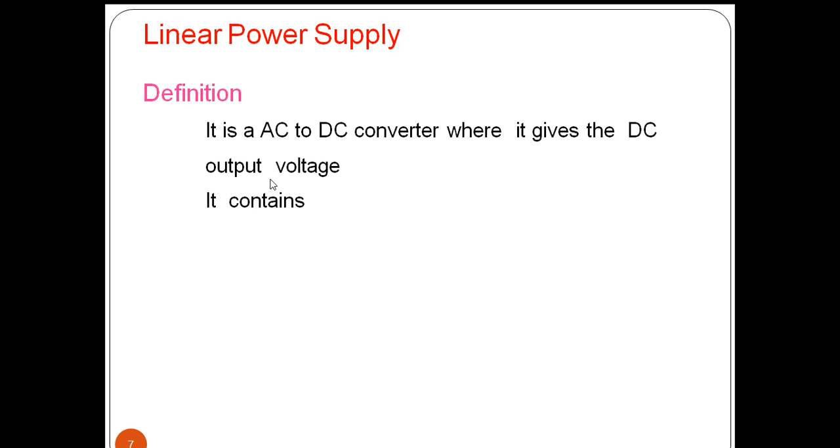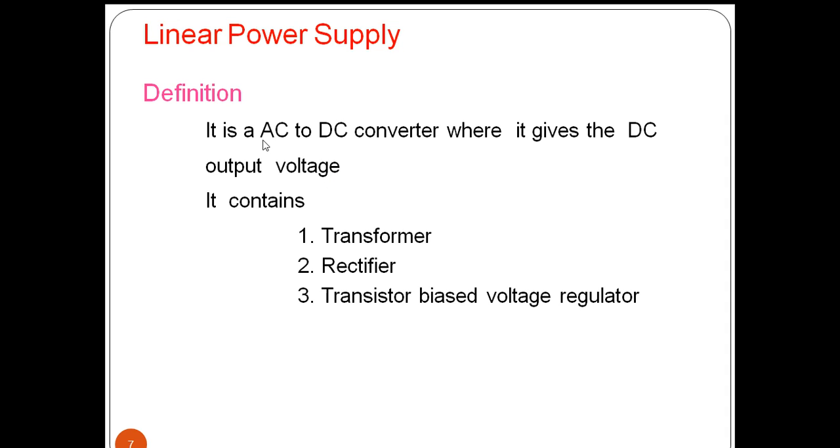Linear power supply. Actually, it is an AC to DC converter where it gives DC output voltage. It mainly contains a transformer, rectifier, and a transistor biased voltage regulator.